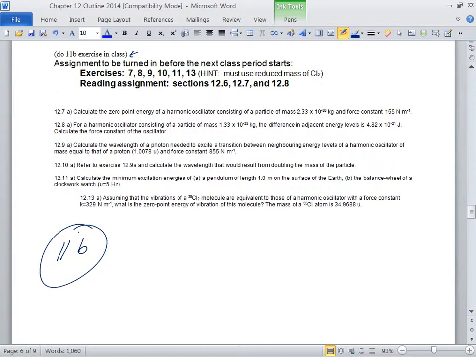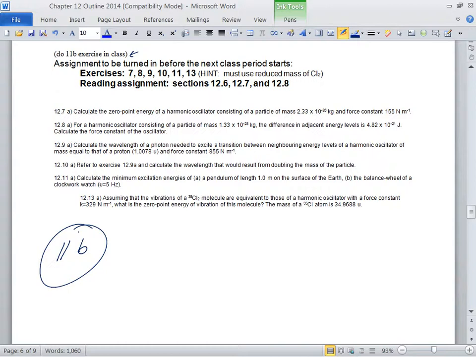Not Planck, I like Planck. Boltzmann is the one I don't like. Sorry, don't throw out Planck. Am I short one? Oh, there it is. I've got an extra one here. So throw out Boltzmann, bring in this lab. Okay, 11B. I don't know how I didn't get this one typed up.